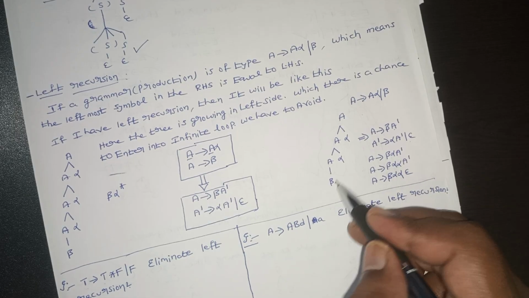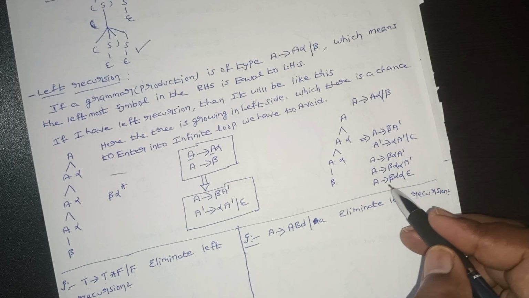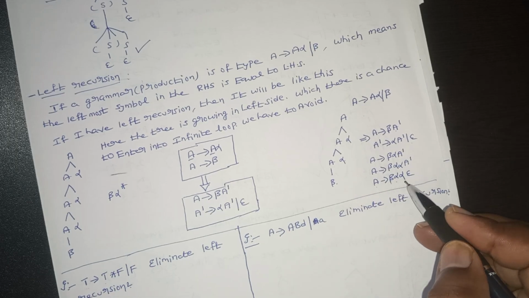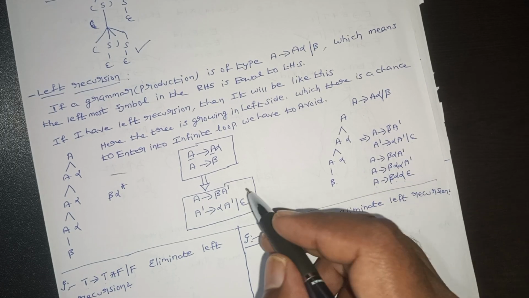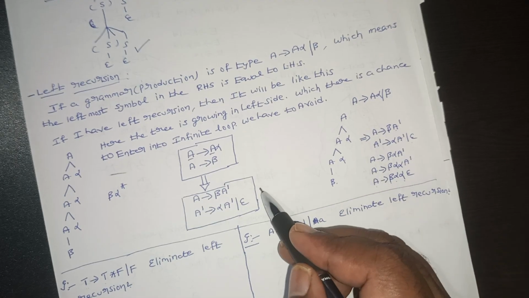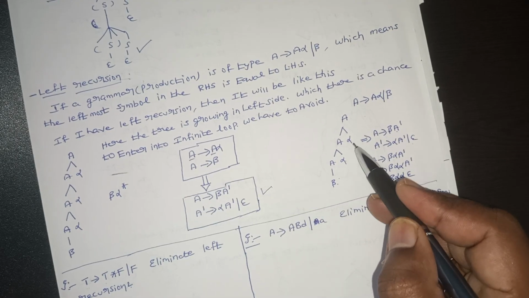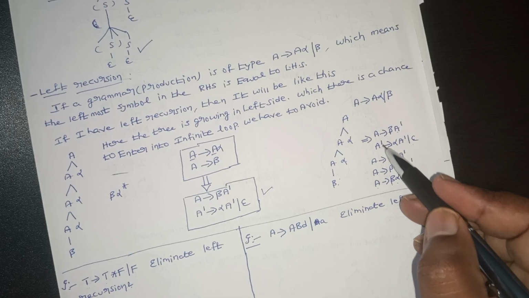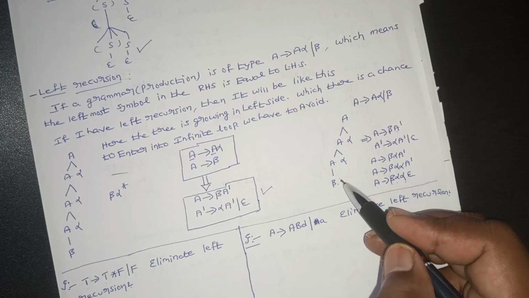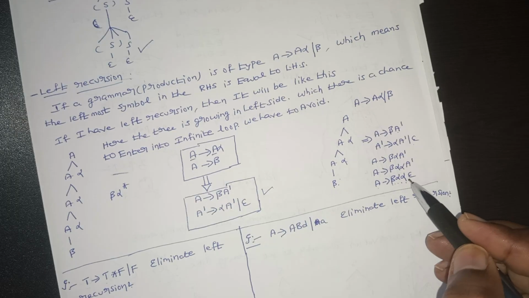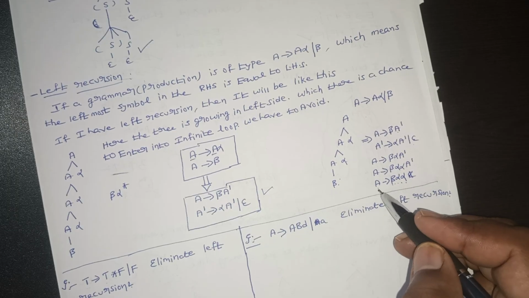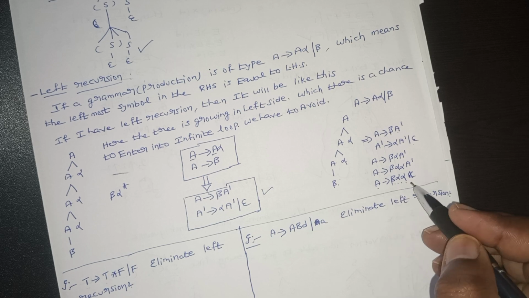Then beta alpha alpha. Even without the original form, I am getting beta alpha alpha. When I update like this, I get beta alpha alpha, and epsilon vanishes.